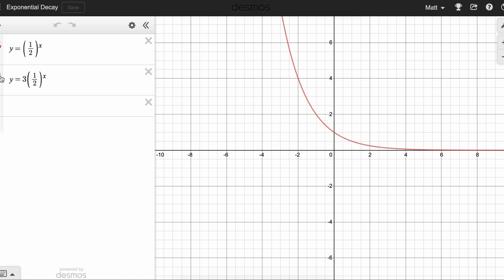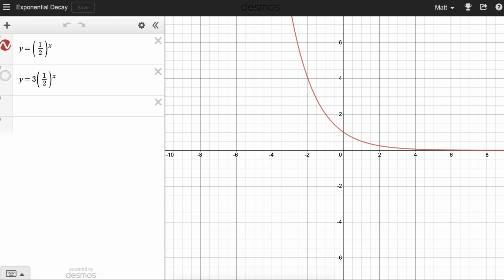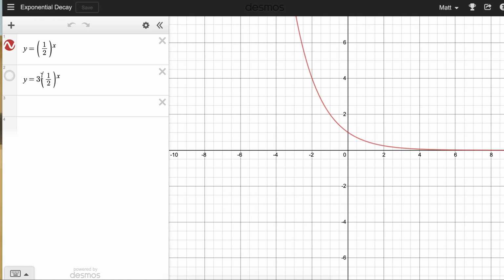Okay, and then similar to exponential growth, if we throw a number out in front of the 1/2 to the x, we call this a vertical stretch. So if I throw a 2 or a 3 or a whole number out in front, right, the original graph is going to get stretched to something like in blue.